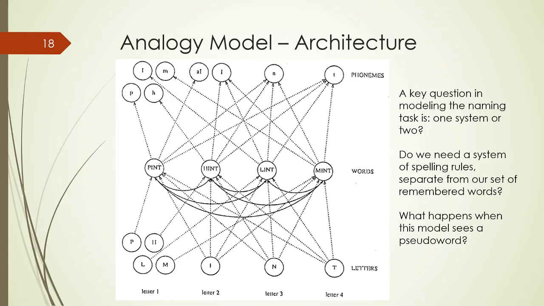You have the exact issue that you have with the standard interactive activation model, where if you show it the spelling corresponding to something it doesn't know, such as a pseudo word, which it won't have memorized, it won't have in this lexicon implemented at this level, obviously there is no one best fit node that can come to activation more than the competitors, because no best fit node exists, right?